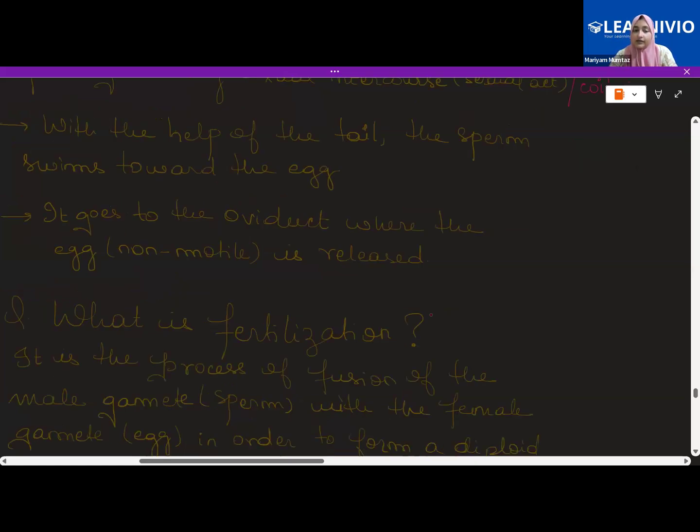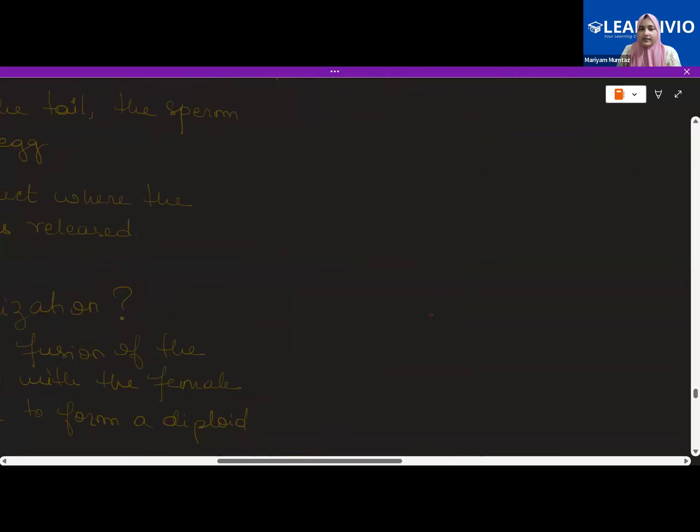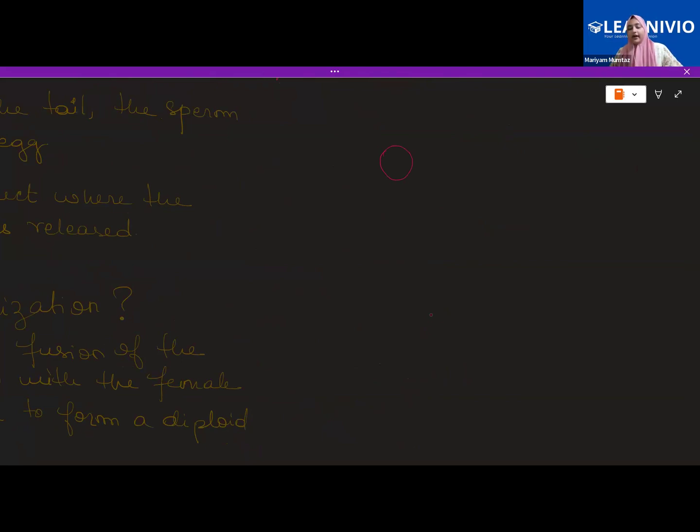Now, remember, for example, if this is the egg waiting, okay. Whilst the sperm is released in the female's reproductive tract, thousands and thousands, in fact, millions of sperms are released. Many sperms swim towards the egg, but the one that is the fittest, the fastest out of them all, reaches the egg and fertilizes it.